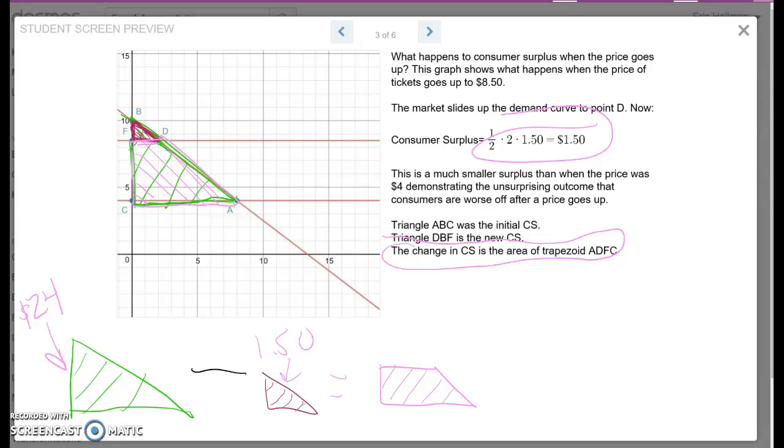So the change in your surplus is negative $22.50. If you actually did the geometry formula and calculated the area of this trapezoid for the change in surplus, you would also get that the area of that trapezoid is 22.50. So that's how you calculate change in surplus.